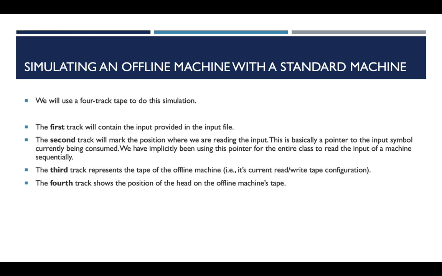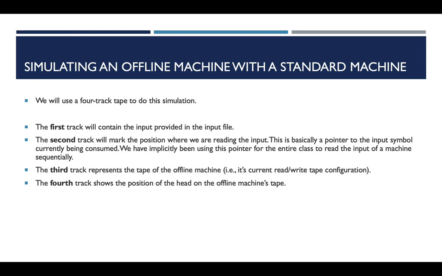And so effectively what we have is a track that takes care of all of the state in the input file. We have a track that keeps track of where we are in the input file. We have another track that keeps track of all of the state in the offline machine's tape.